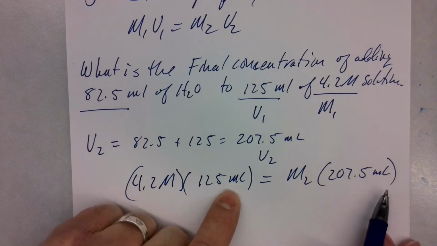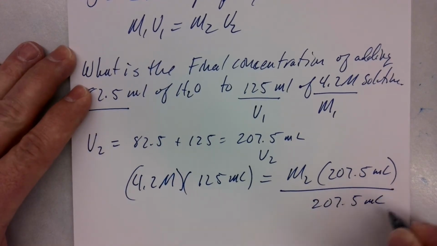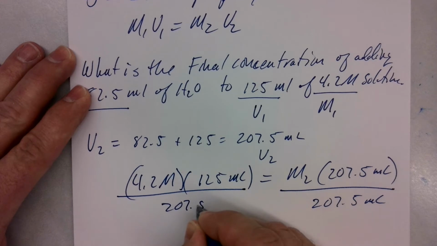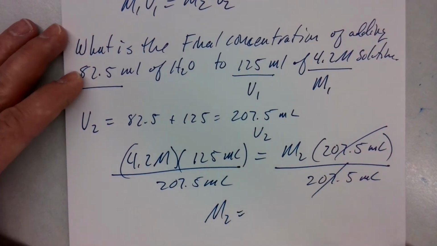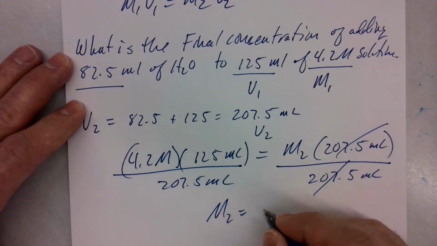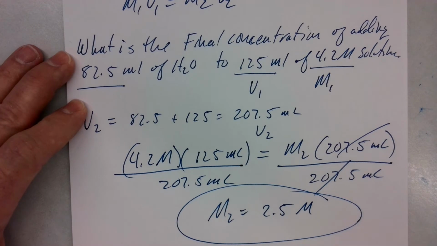No. Who knows why? They are still proportional, and the key is they must be the same. So I'm going to divide by 207.5 milliliters, divide by 207.5 milliliters, gone, that's going to tell me that M2 is what? 2 point what? 2.5, big M, right?